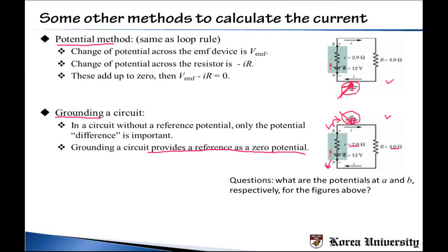So the total resistance is actually 6 ohm, and then the electric potential supplied is 12 volts. So by using Ohm's law, we know that the current is, sorry, current is 2 amperes.